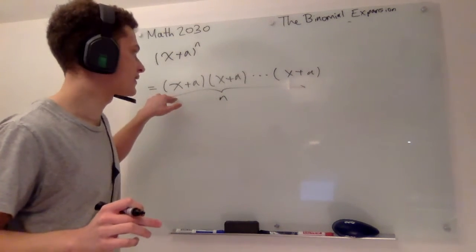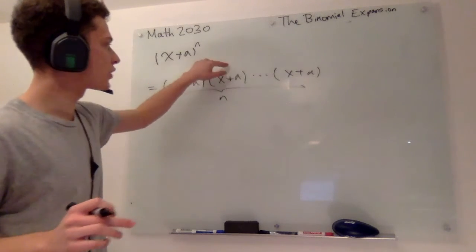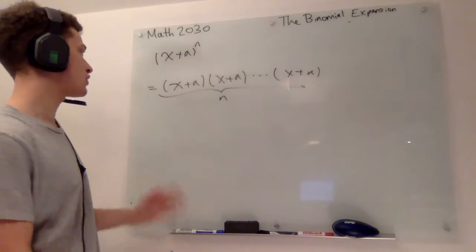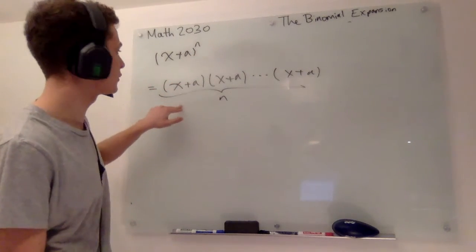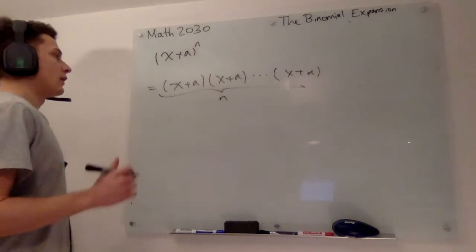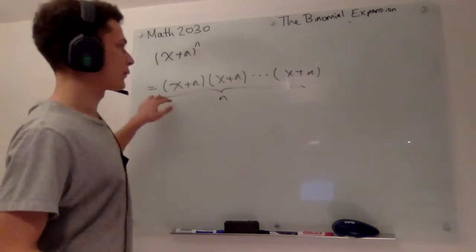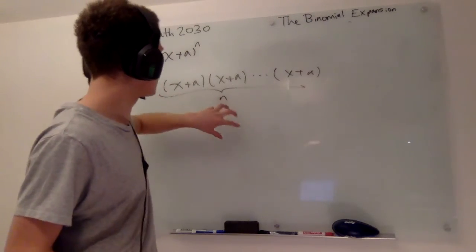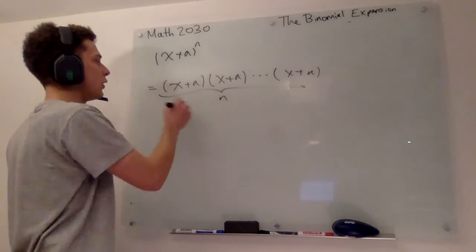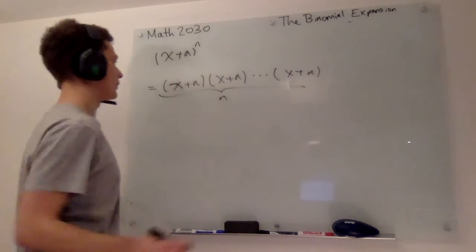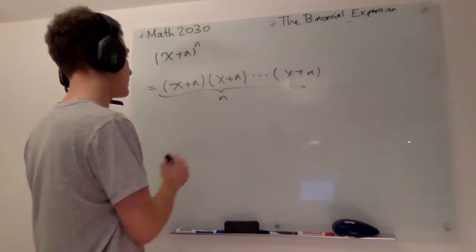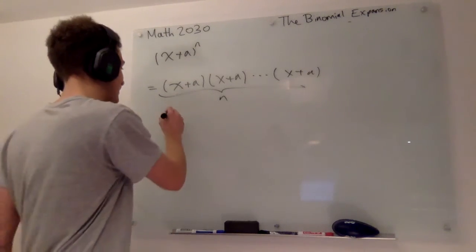Let's fix x. In the next term, we can choose an x or an a. We can view this as if we are multiplying it by an x, or multiplying by an a. We can keep this process going for each of the n terms, and what we'll end up with is, out of all of our n binomials, k of those binomials are going to be ones where we chose an x.